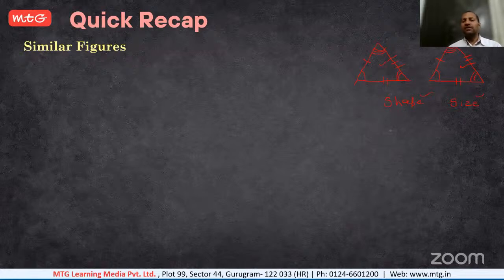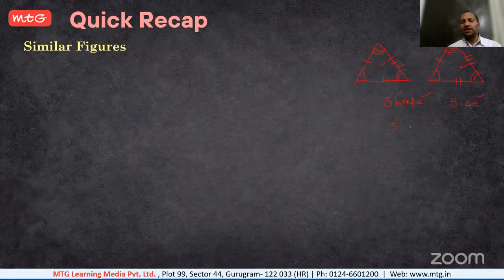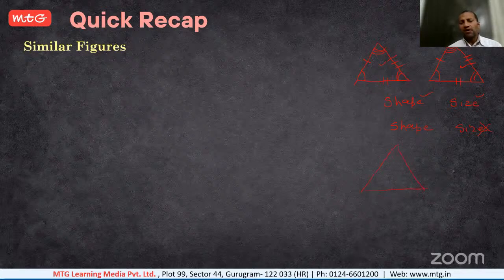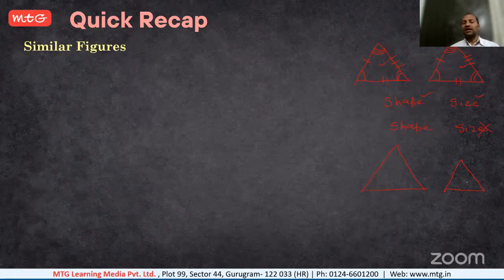But if the shape is equal but size is not equal, in that case we can say it is a similar triangle. Like these two triangles, their shape is the same but size is different. We can call it a similar triangle when there are conditions for that.